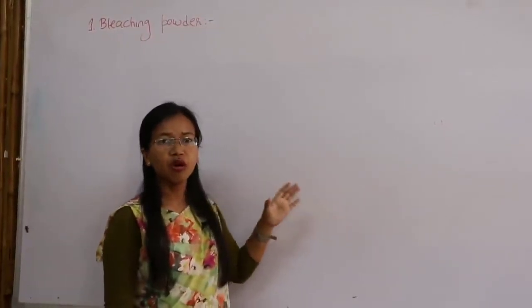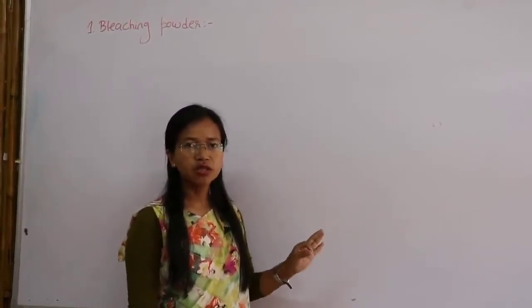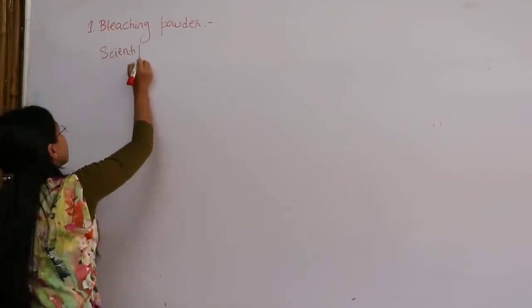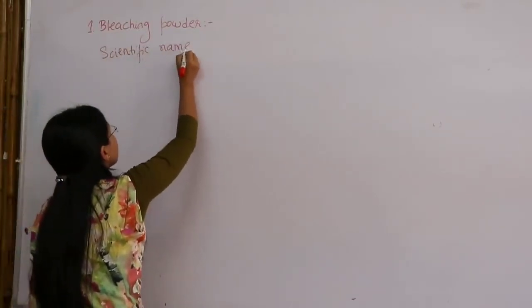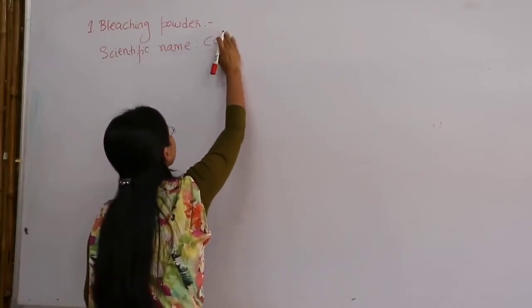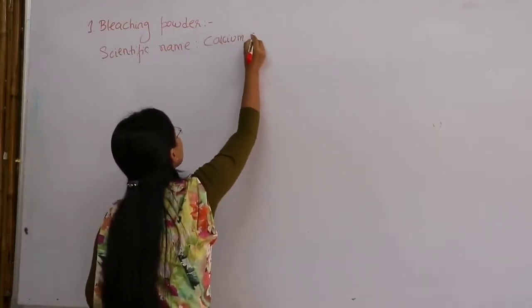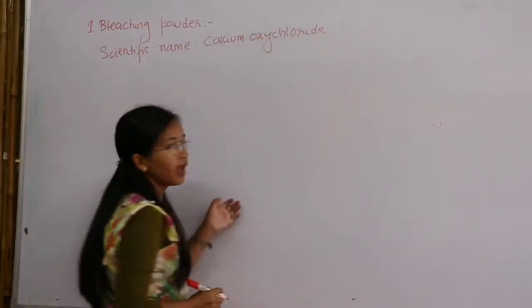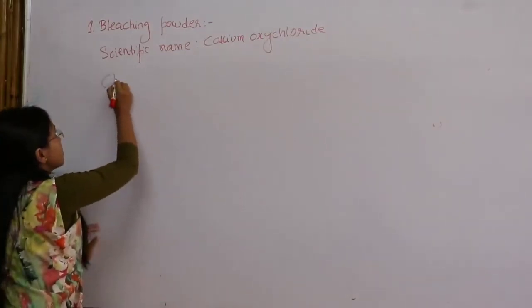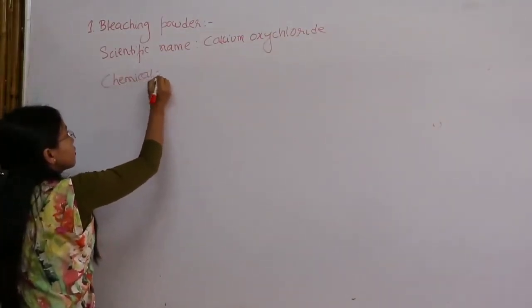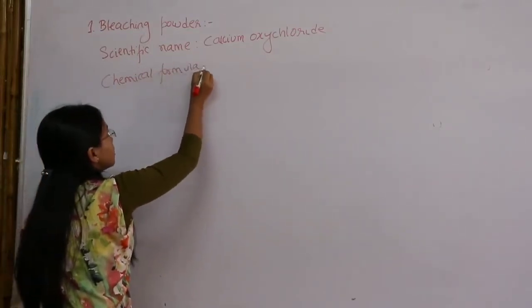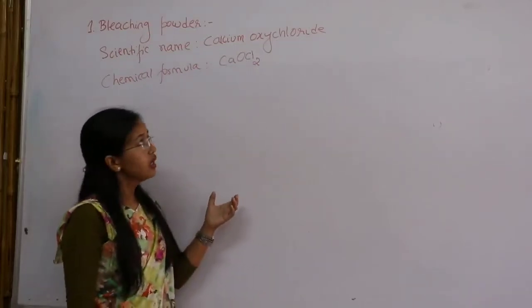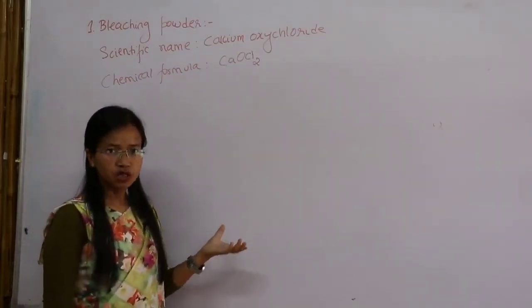The scientific name of bleaching powder is calcium oxychloride, and the chemical formula is CaOCl2, right?